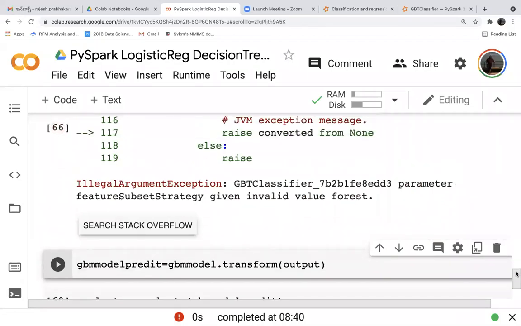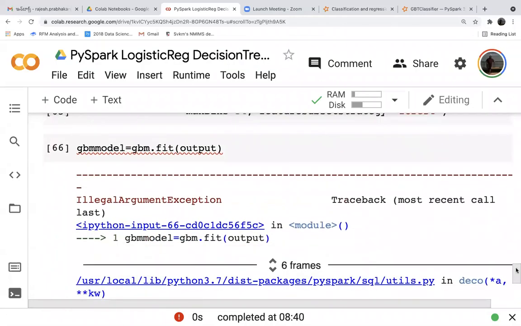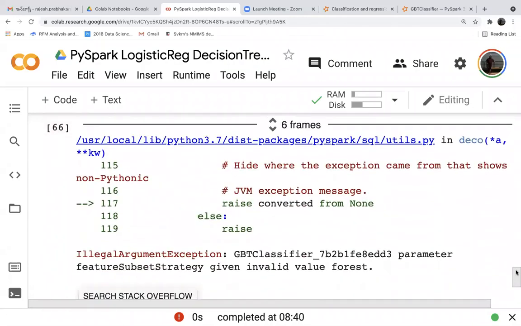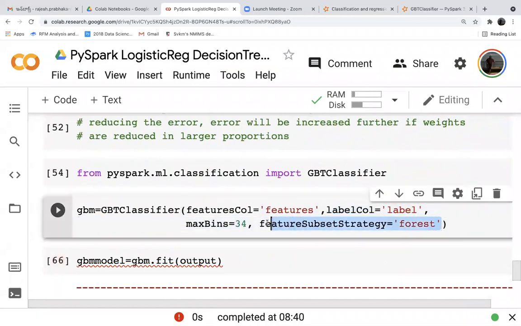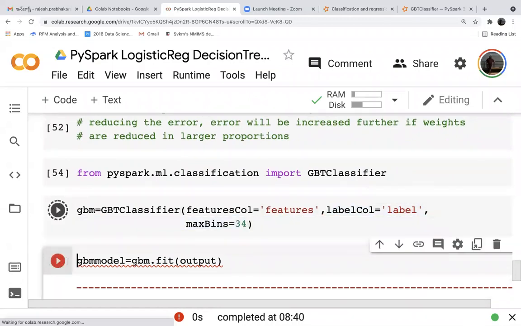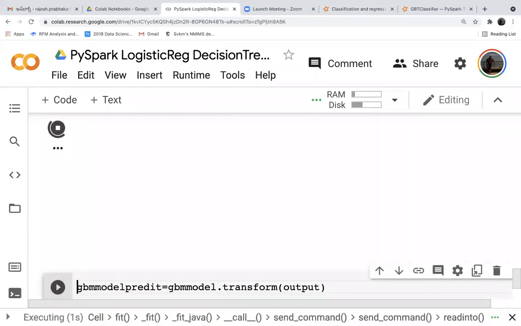Oh, invalid value forest. When running the model, it is giving an invalid value. Okay, let me check once. I think earlier also I had not given this tree. It automatically detects, is what I also found out. But in R we can give.